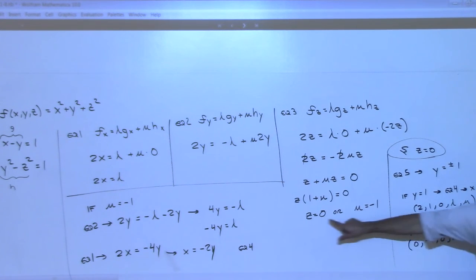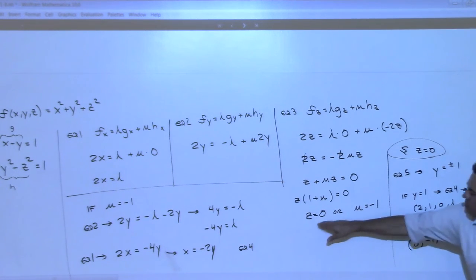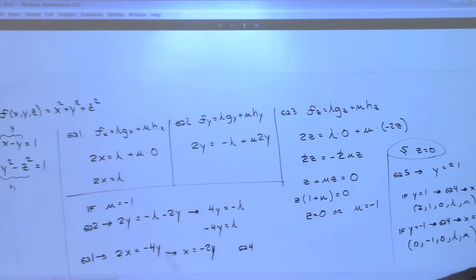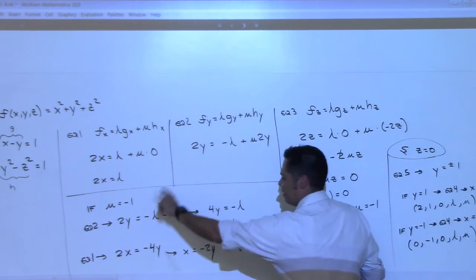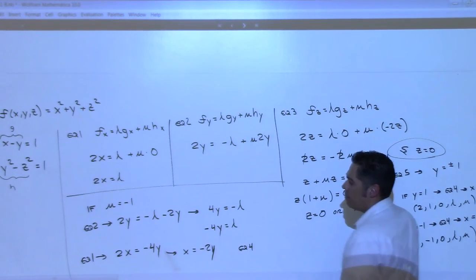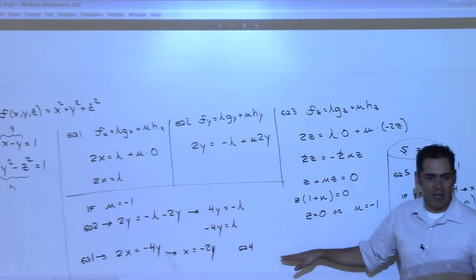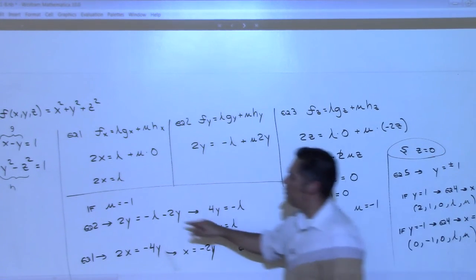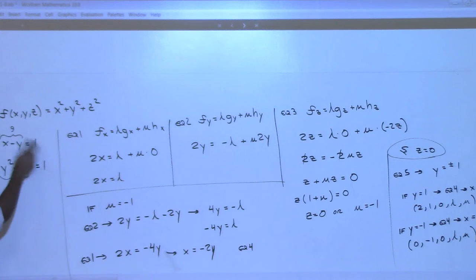So remember we had to look at these two. So z was 0, we were in business. Then I was going back and saying, what if mu is -1? So if mu is -1, and I go here, I'm out of time. Do you see how you get it from here though? Once you go to equation 4, you have y here. Once you get y, you can plug y in here. Then you get z. You've got x, y, z.